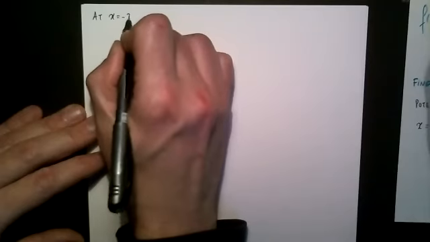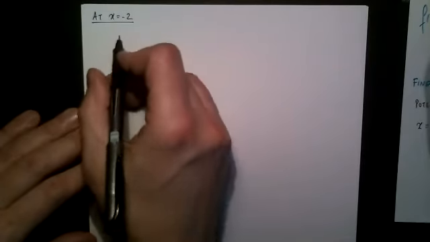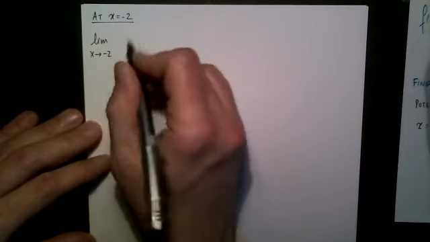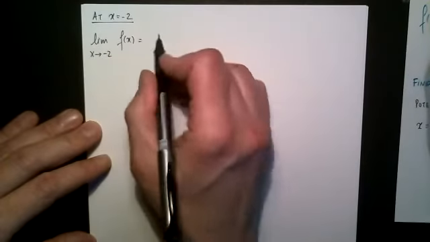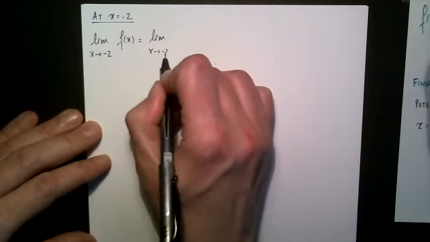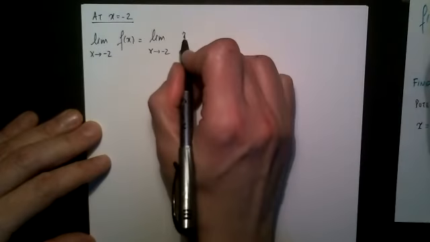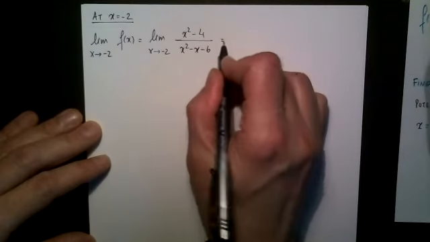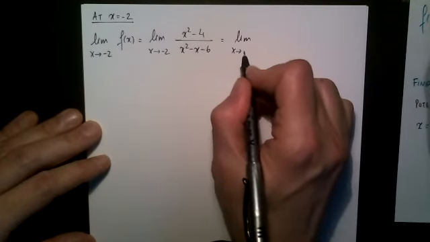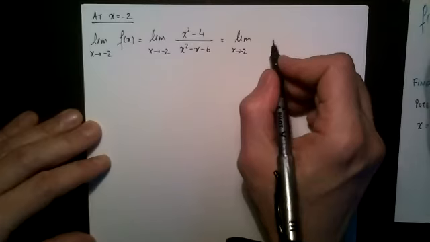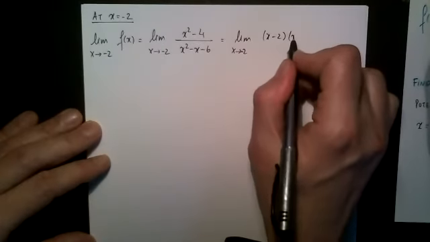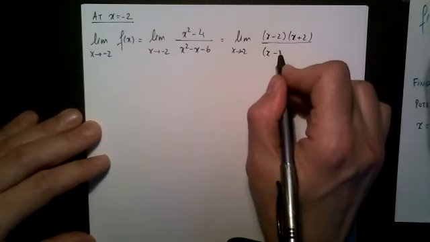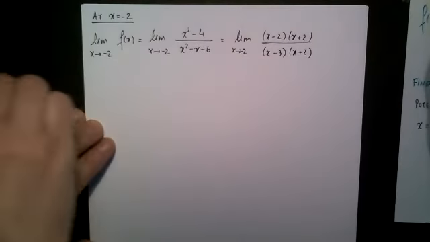So at x is equal to -2, what do we have? So I will do the limit as x approaches -2 of f of x, which is the limit as x approaches -2 of the top function, x squared minus 4 over x squared minus x minus 6, which is the limit as x approaches -2 of x minus 2 times x plus 2 over, on the bottom I had x minus 3 times x plus 2.